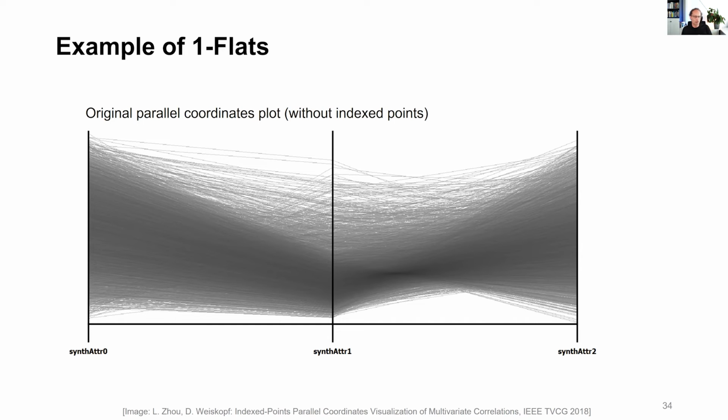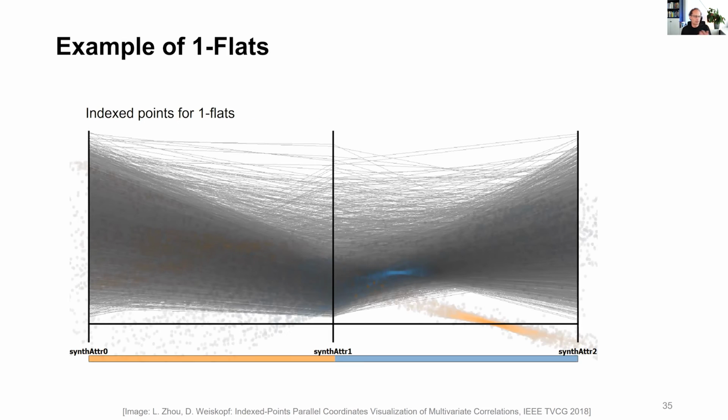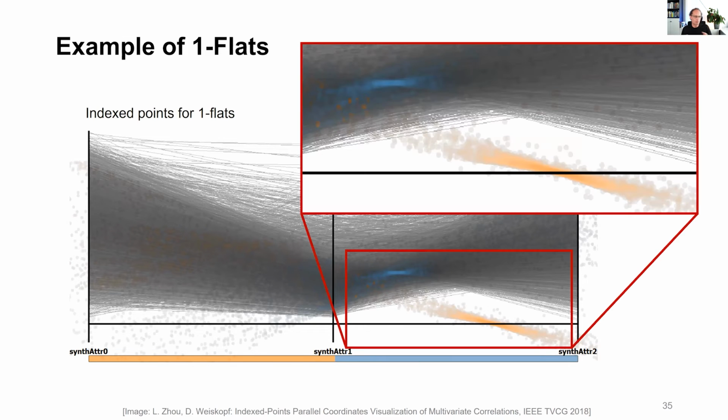And I should note that here we don't yet have our new p-flats visualizations in place. And so now let's switch it on. I still have in the background the original parallel coordinates visualization in gray, but now in blue and in this orange type of color, we've overlaid the representative visualizations of the index points. And you can make that even clearer by zooming in.